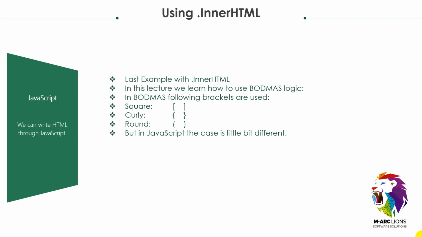But in JavaScript the case is a little bit different. It's a bit tricky. We call these brackets braces as well. And for the BODMAS logic only we are going to use the round bracket. We are not going to use square or curly brackets for BODMAS logic. So let's go to the code and browser and have a demo of it.